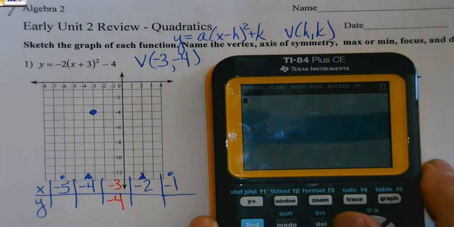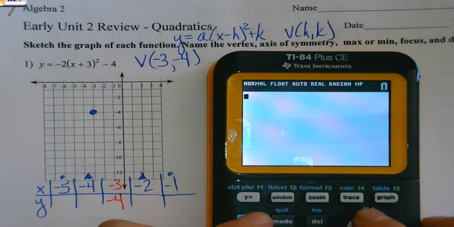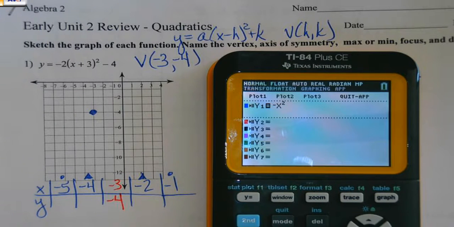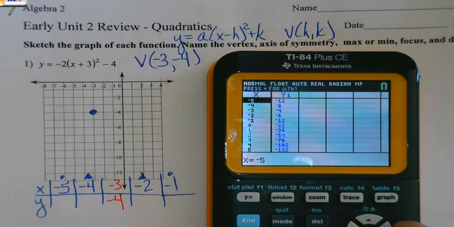But since we're good students and we work well when we're in class, hopefully I'm not getting too many laughs when I say that, we're going to go ahead, get this typed in, make sure everything looks the same, go to our chart, get my vertex in the middle so I see the symmetry, so I see the same numbers above and below.